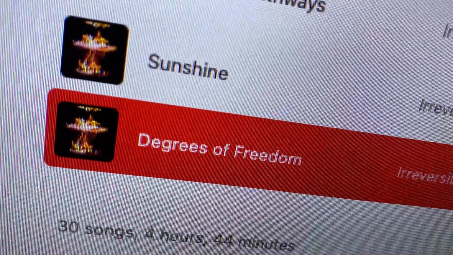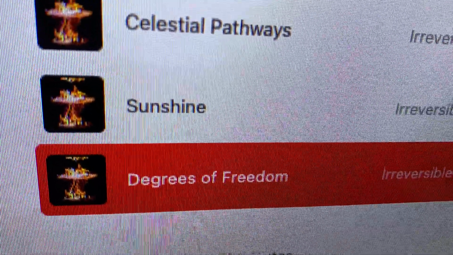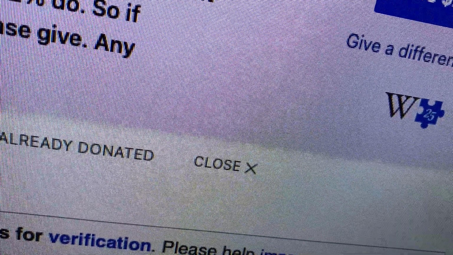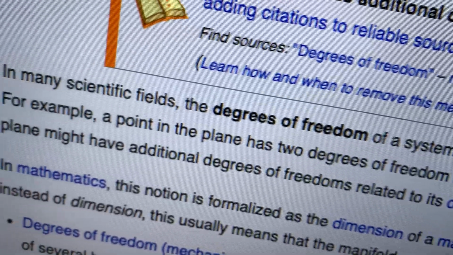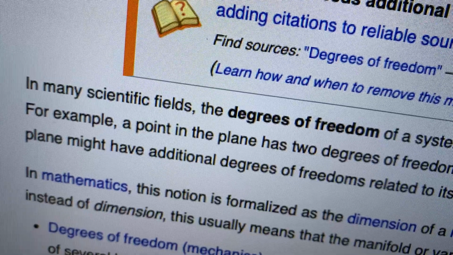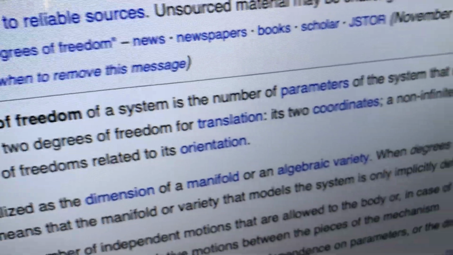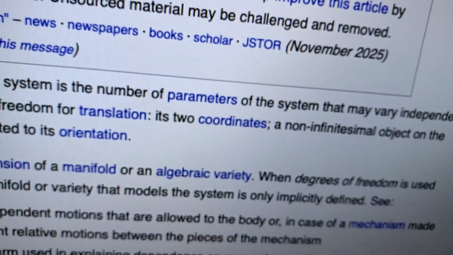That sounds cumbersome, but that is a better way to put it. And even if you look it up on Wikipedia, it's pretty easy to follow, and it explains basically what this idea is, right? In many scientific fields, the degree of freedom of a system is the number of parameters of that system that may vary independently.